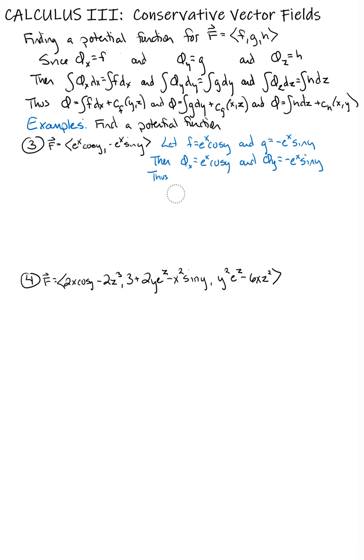If I wanted to find phi, I would integrate the first partial with respect to x. The first partial with respect to x, I integrate with respect to x, right? So that would give me the integral of e to the x cosine y dx. Now, obviously, I could have also integrated with respect to y and used this other one, but I'm just going with that first one.